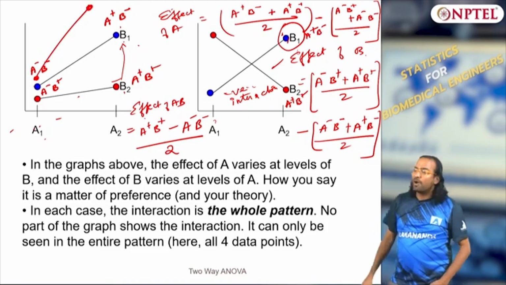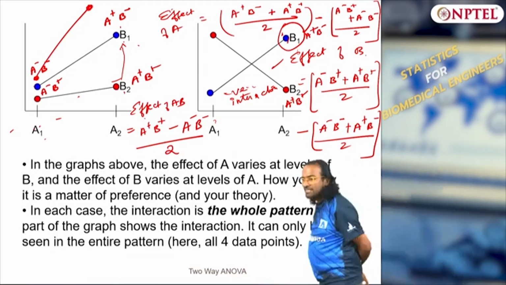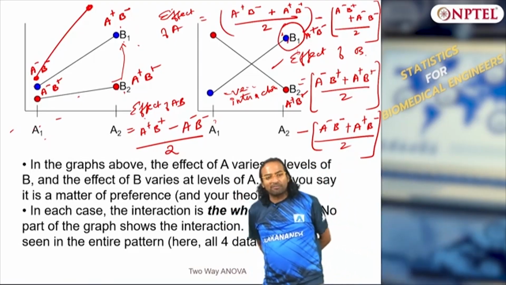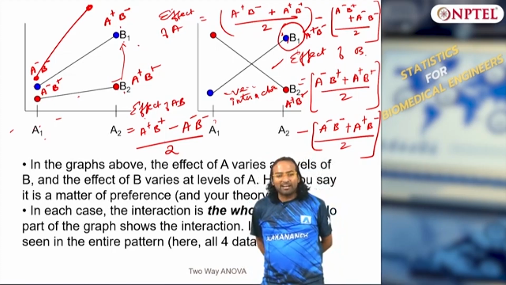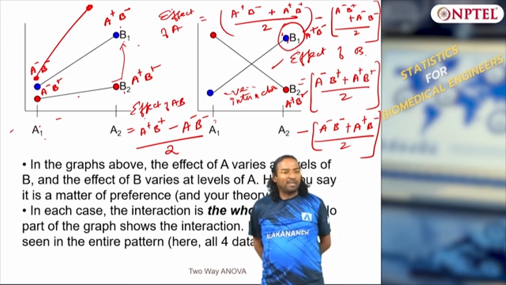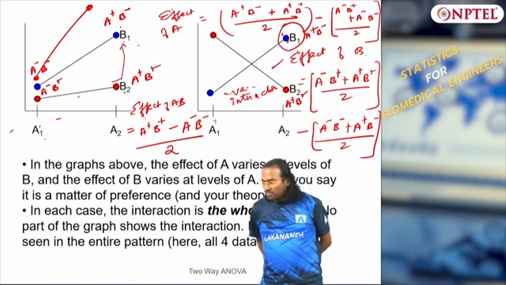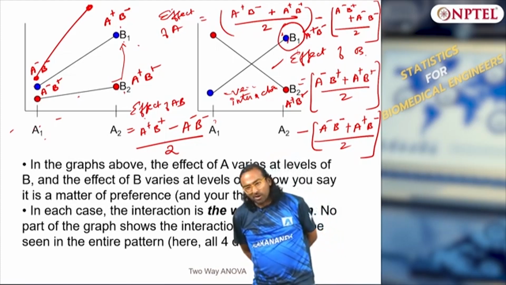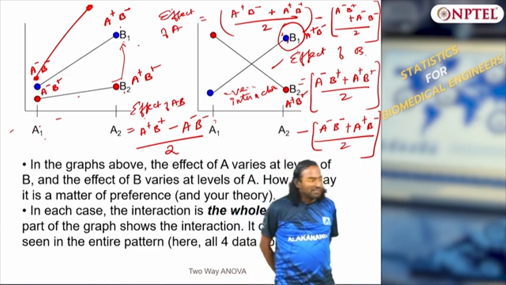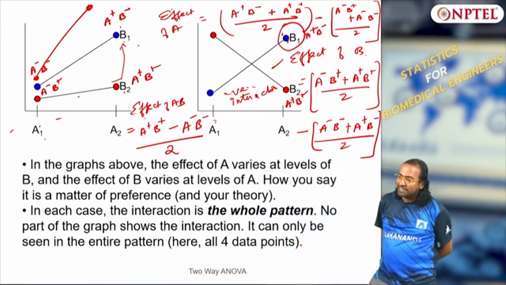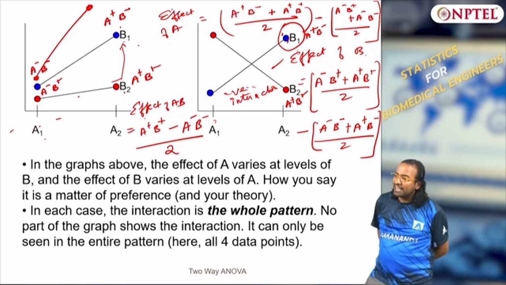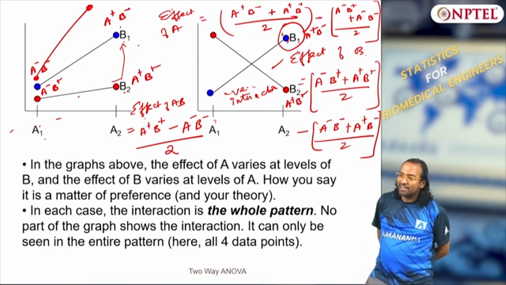So the slope, that is when I said slope. What is the slope I was asking? The slope of the A positive, B positive, A negative, B negative line. If that is high positive, then you have a positive interaction. If that is negative and significantly negative, then you have a negative interaction. You are just seeing the slope of A positive, B positive minus A negative, B negative.